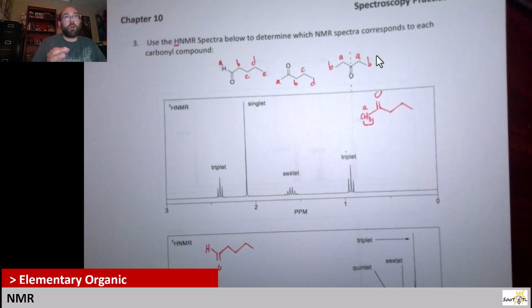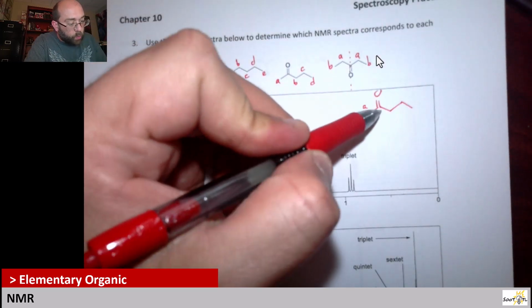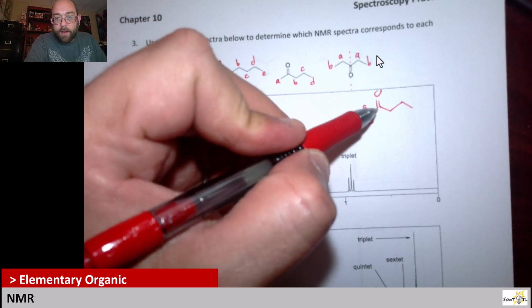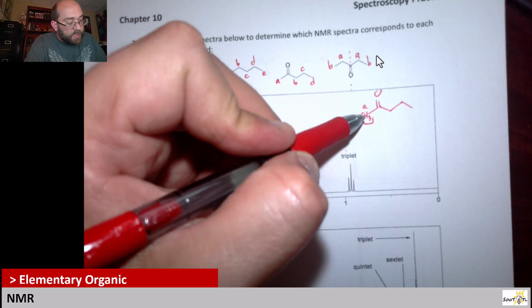Think of the carbons as houses, and the hydrogens in them as the people that live in the houses, the neighbors. This house only has 1 neighboring house, and it has no hydrogens in it, so this has 0 neighbors.